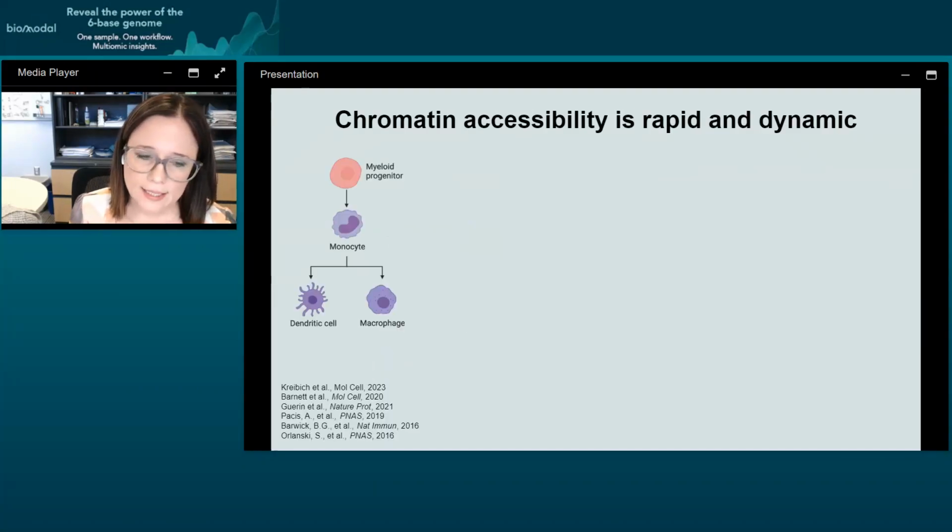We applied ATAC-Me initially to a system of cell differentiation that involves a cell line called THP1s. They're monocytes that can be differentiated into macrophages within 24 hours, and it's a really simple system to do a type of in vitro differentiation.